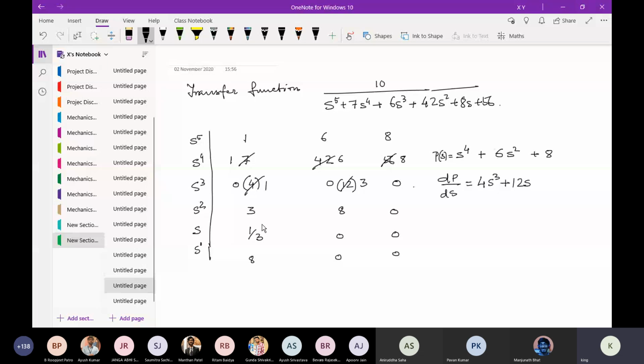If you are seeing no sign change, then likely we are seeing roots on the imaginary axis. We'll discuss this later.